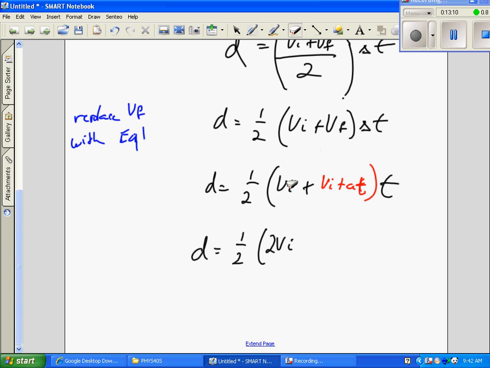Can I just multiply T in there? So it's going to be 2 times VI times T, not plus, T, plus A times T is going to give me?